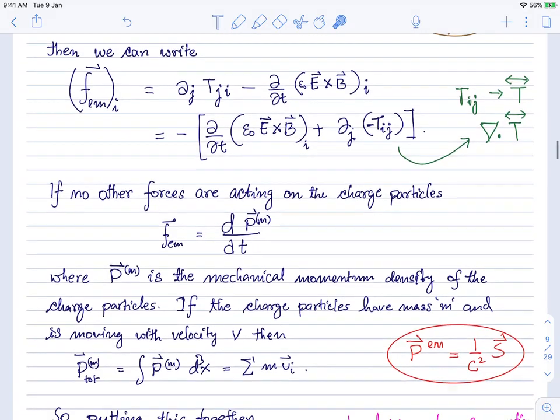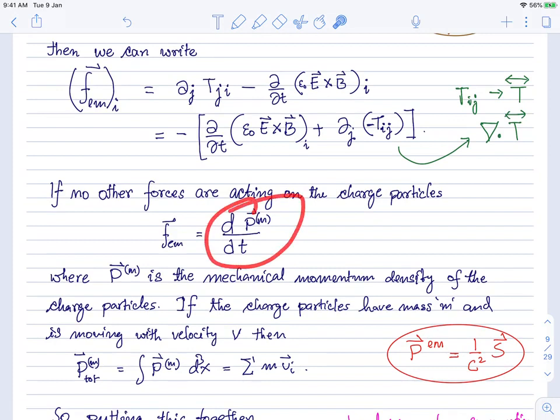Because of this reason, this object here that we have written down, del t of this object, is considered as the momentum density. Momentum is a vector, so momentum density is also a vector, as you can see from here. It's E cross B. It's again E cross B.